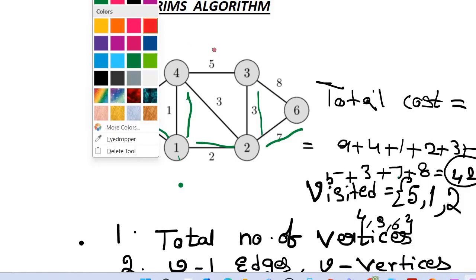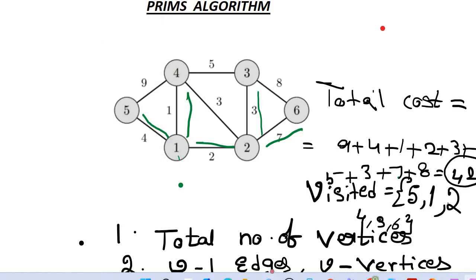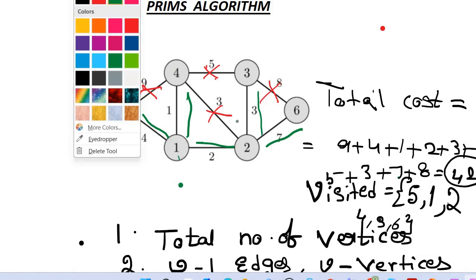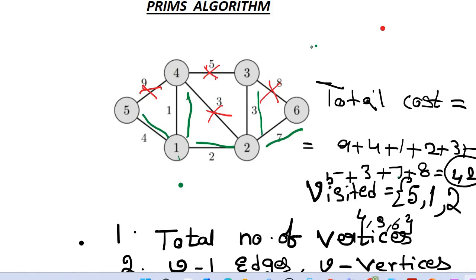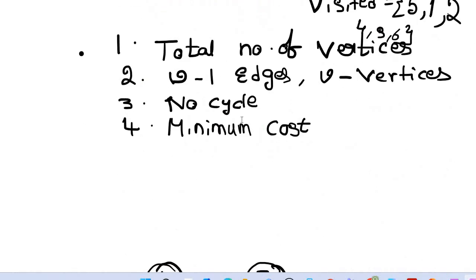And the excluded edges are 5 to 4, 4 to 3, 4 to 2, and this I have included. So also included. So this is Prim's algorithm. Thank you.